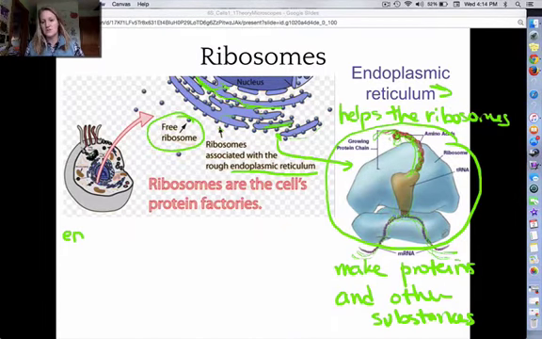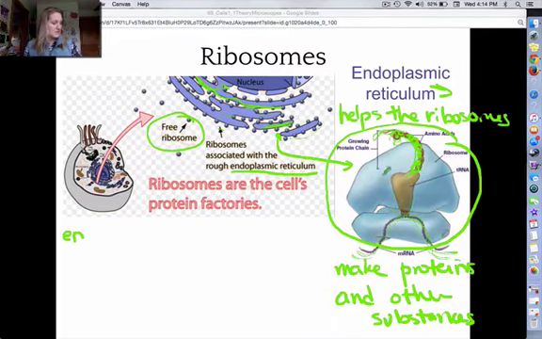So it needs the instructions, right? It needs kind of the procedure, which it can only get from the DNA. And so this RNA is a copy because you never let the original copy out of the nucleus. And this is providing the instructions of which amino acid to connect to which amino acid.